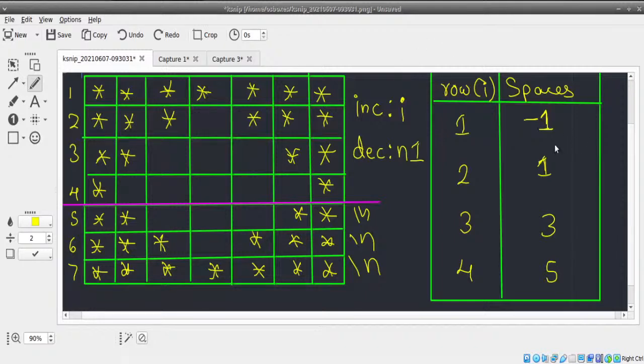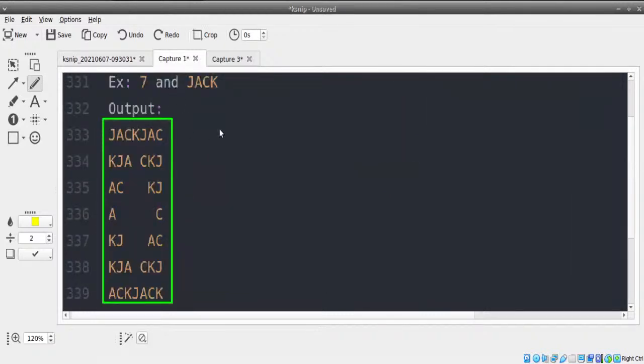When I do this, does this look like an AP now? Does this look like an arithmetic progression? Yes. What I need to do here is find the ith element of this. To find the ith element, I need to use t_i equals a plus (i minus 1) times d.